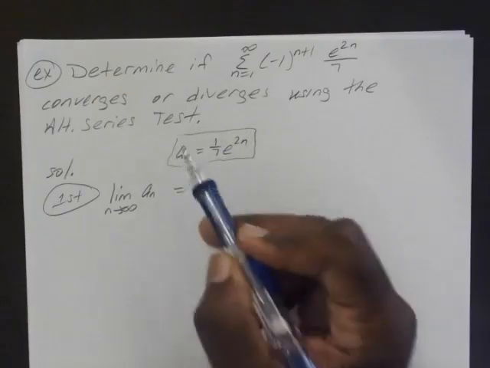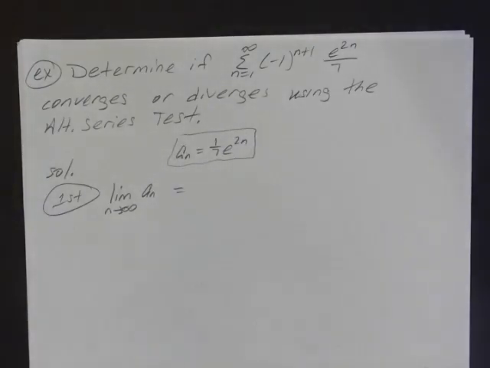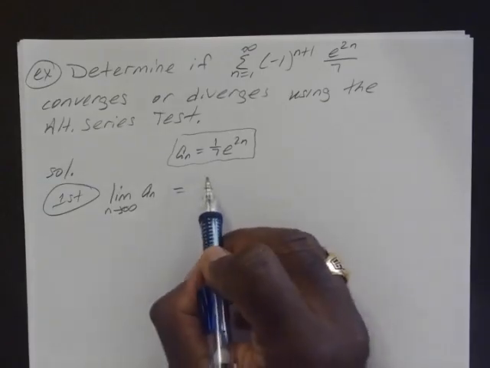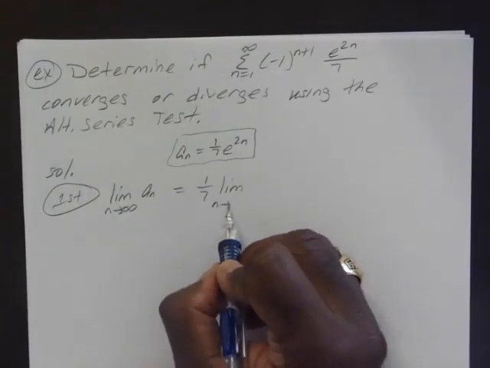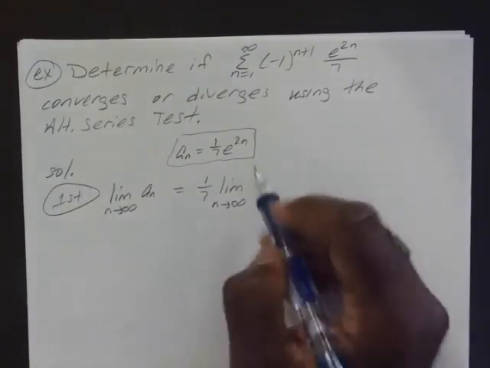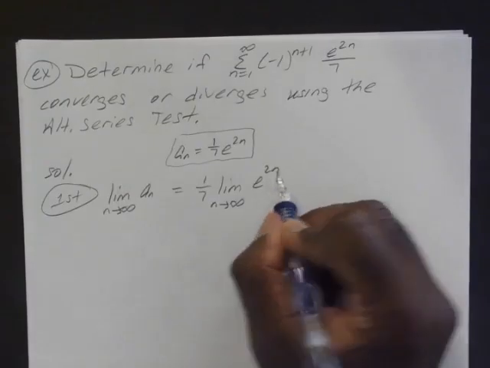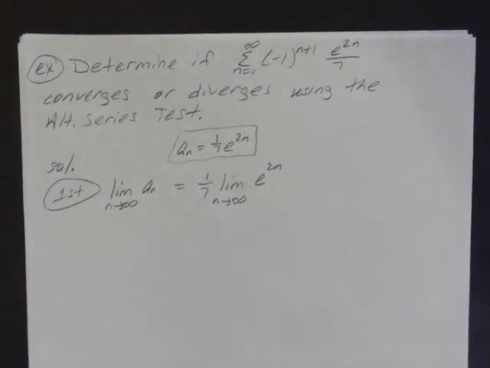I just factored out the 1/7. So we can rewrite that as 1/7 times the limit as n approaches infinity of e to the power of 2n.